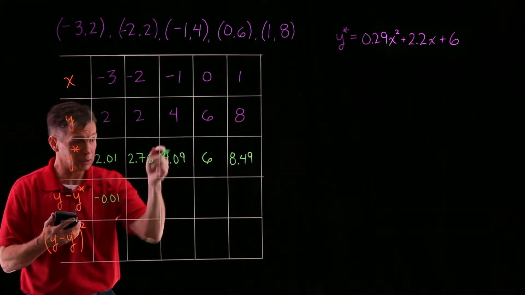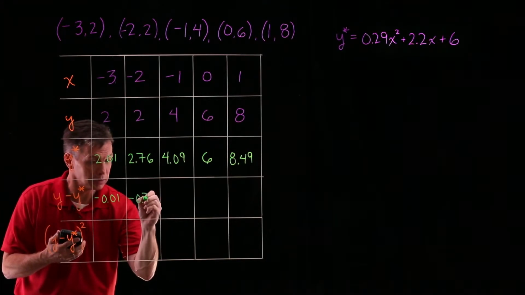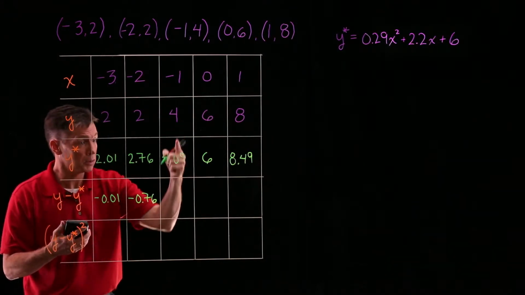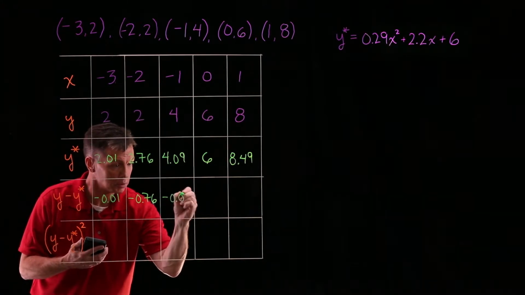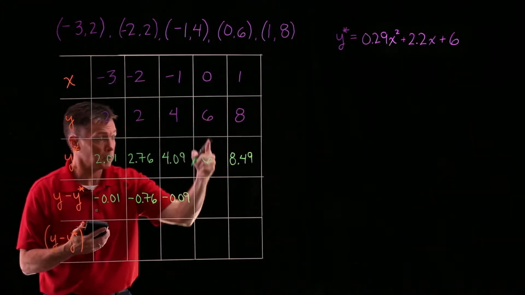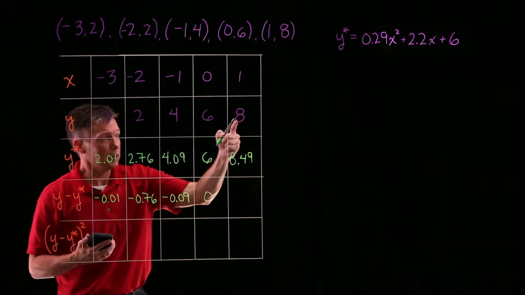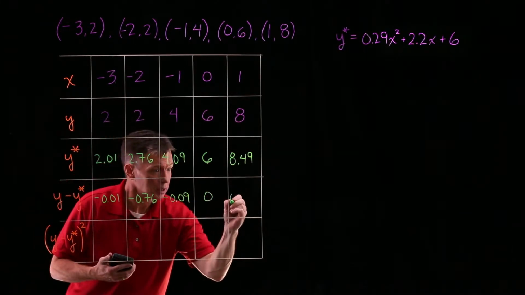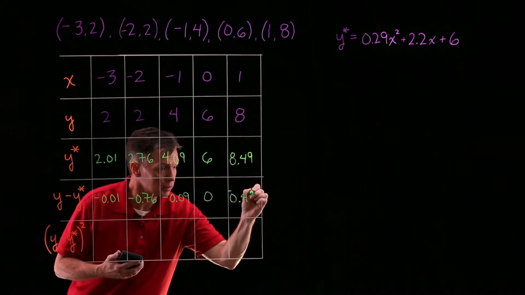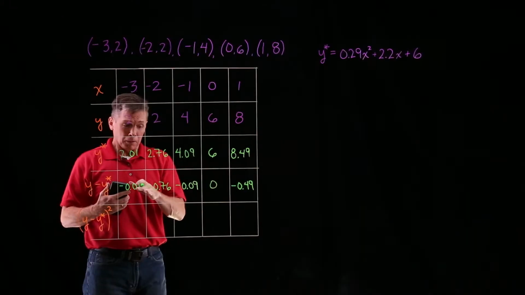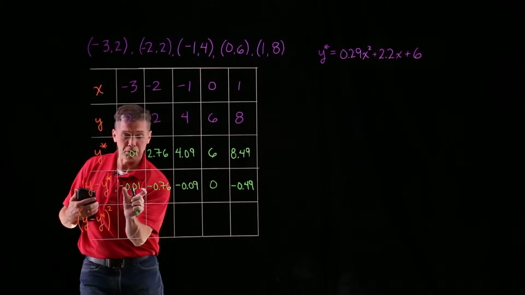So 2 minus 2.76, negative 0.76. 4 subtract 4.09, negative 0.09. 6 minus 6, should I use a calculator? 0 for that. 8 minus 8.49, negative 0.49. Look okay?